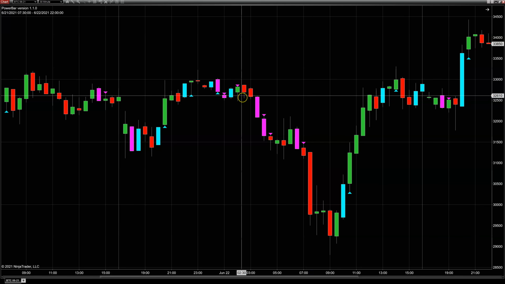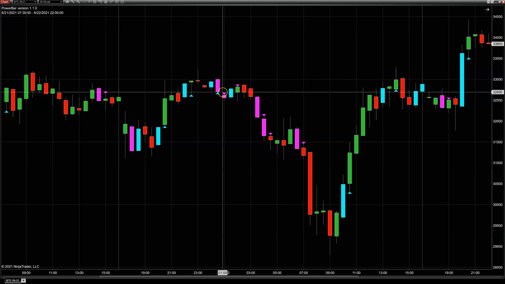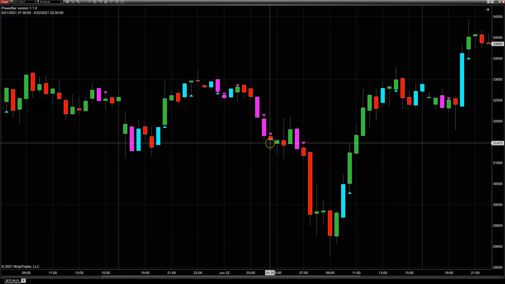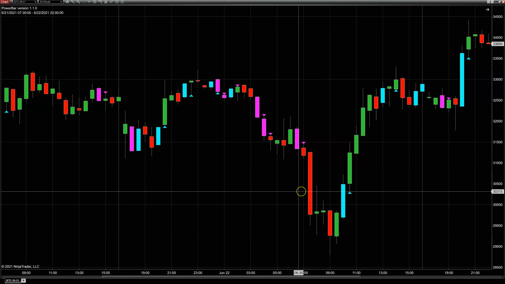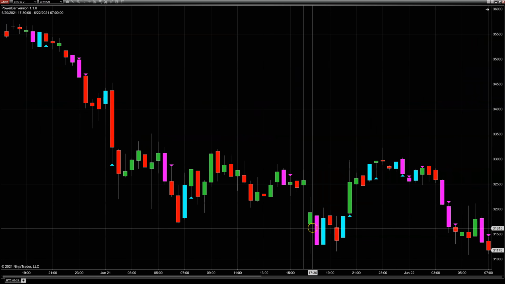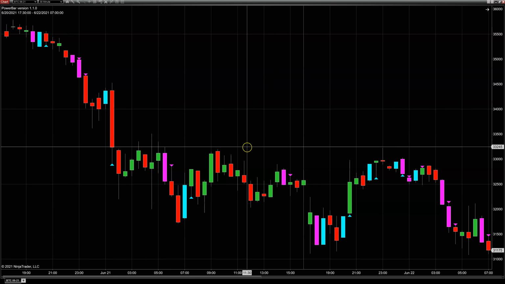Caught this move down. Here, that probably would have stopped you out. But this move here, 31.5 down to 29.5. But again, this is on the big contract. The micro is going to be a bit different, but that's on a 30-minute chart.